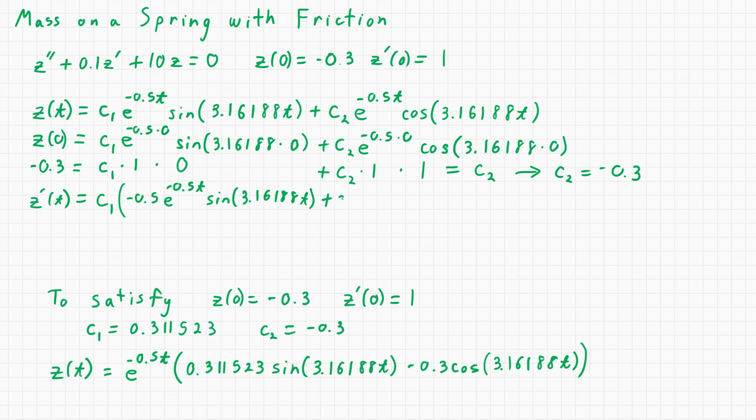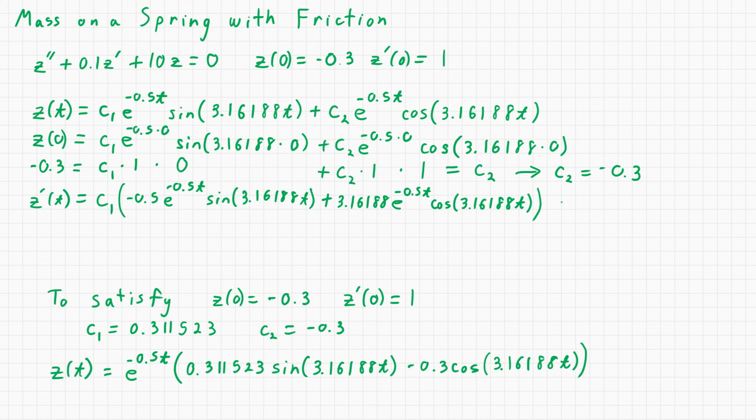So we get 3.16188 times e to the negative 0.5t times cosine of 3.16188t. All right. So that's the C1, and then we have our minus 0.